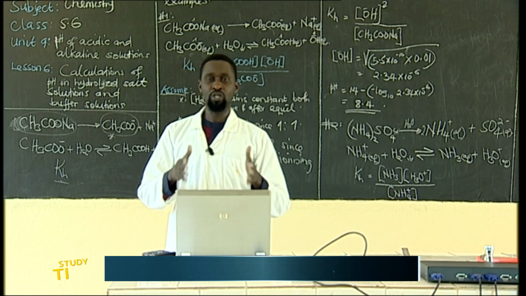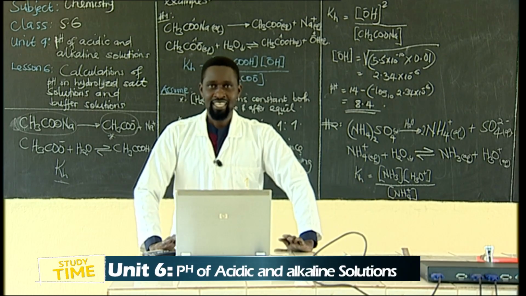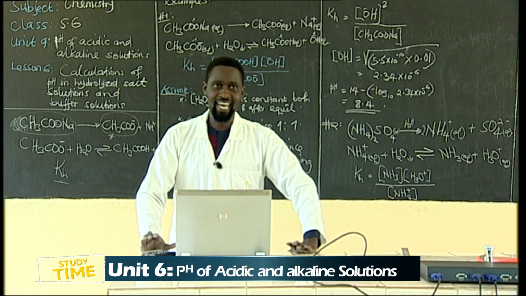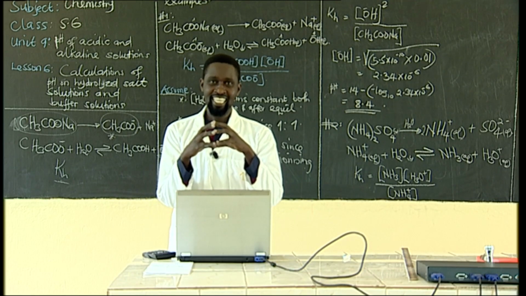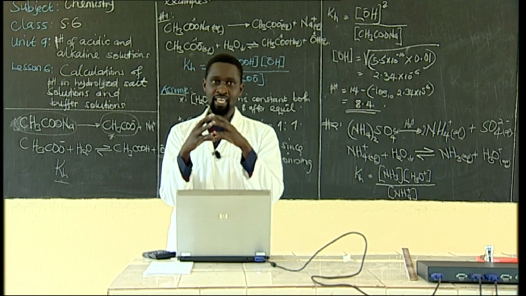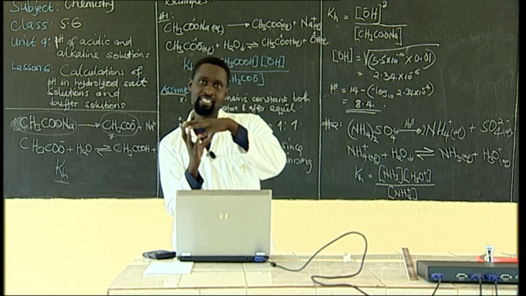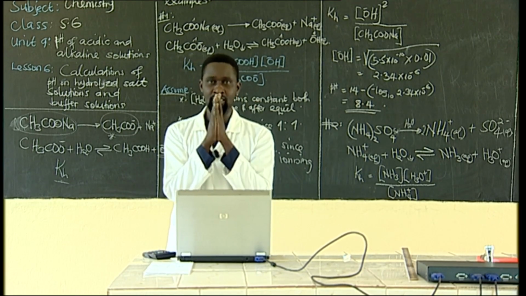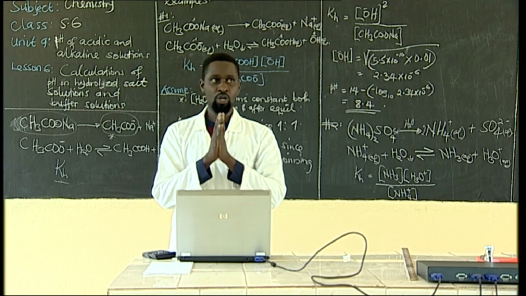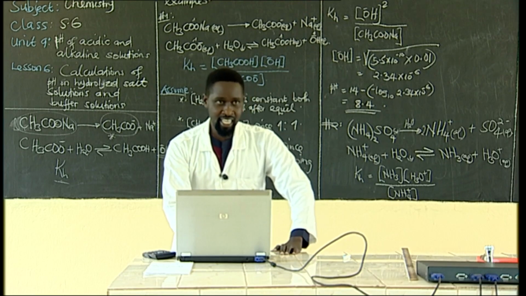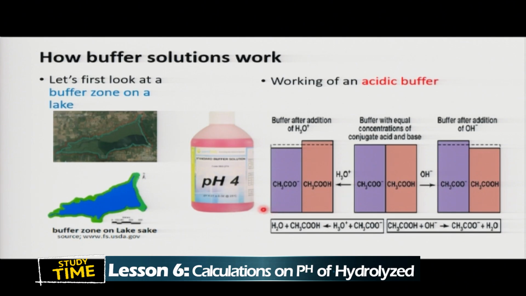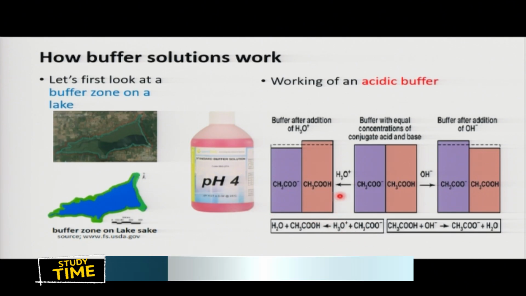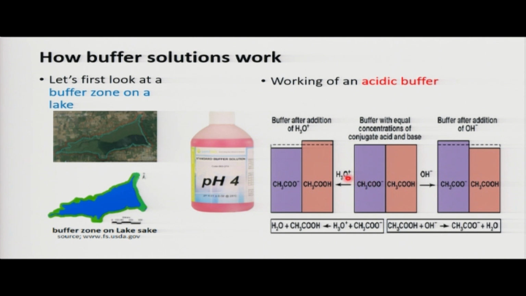But in chemistry, when we talk of the buffer solution, for instance the acidic buffer, it also has such properties. It responds when an acid or a base is added to make sure that the pH remains constant. Let's see the illustration of an acidic buffer with a pH of 4. What happens if you add OH?